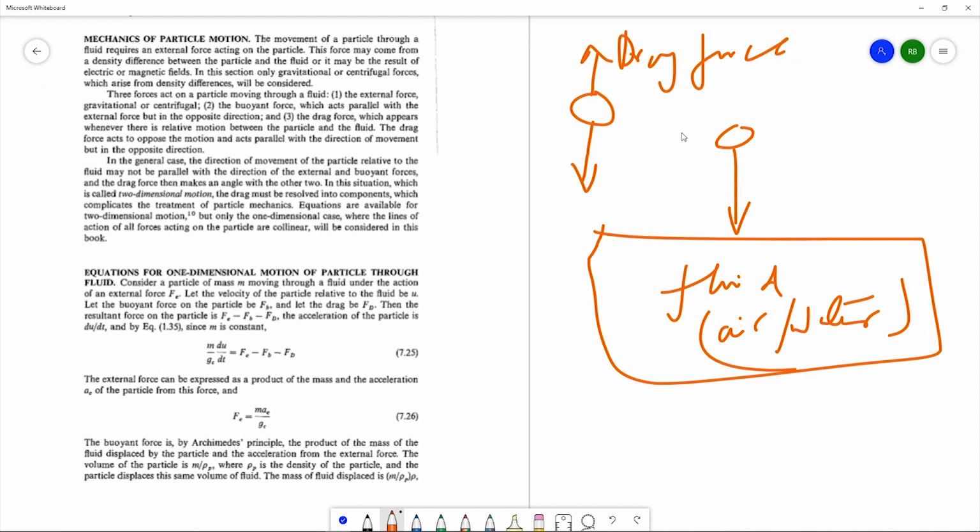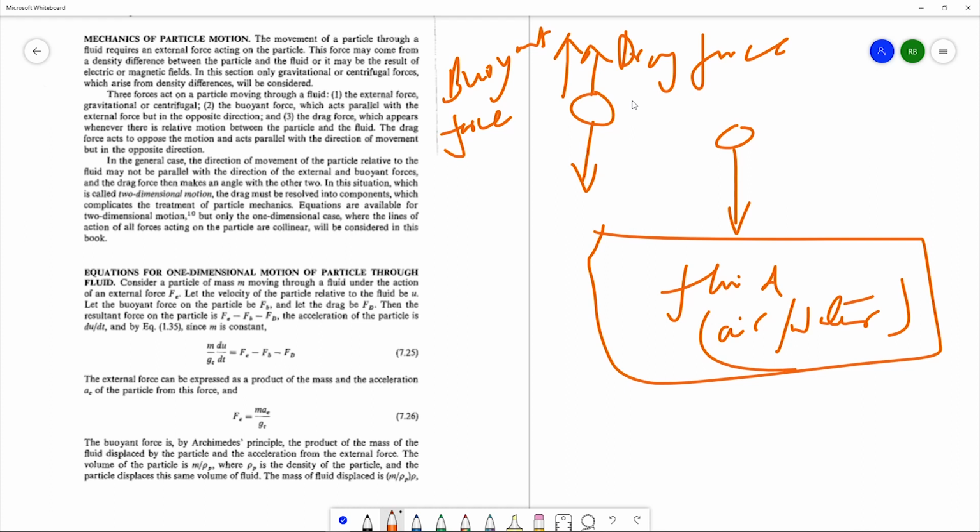Similarly, it will be opposed by the buoyant force. If the particle moves in the downward direction in the fluid, it will experience two forces: one is drag force, another is buoyant force due to the fluid. You already know Archimedes' principle, where the buoyant force is discussed.